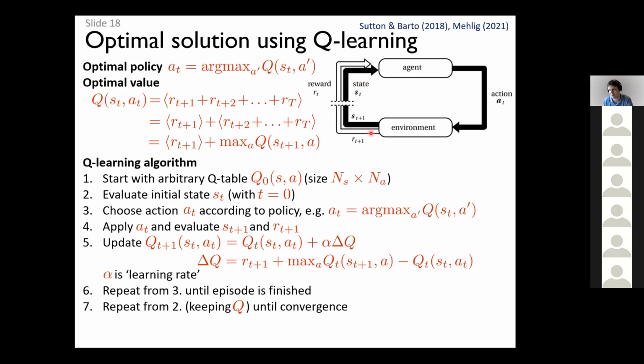It doesn't depend on earlier states. So that's an underlying assumption in Q-learning and also in deep Q networks. And in reality, perhaps this is not the case. Then we are not guaranteed to find the best solution.